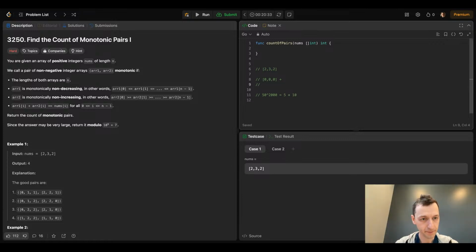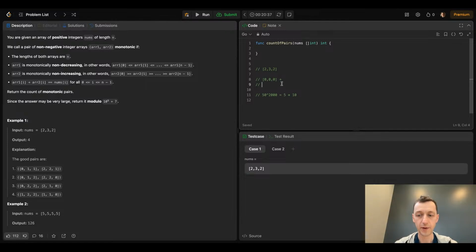And then we'll go to the next one, 0, 0. Generating monotonically non-decreasing is kind of easy, because we can just go to the last value, grow it until the limit.